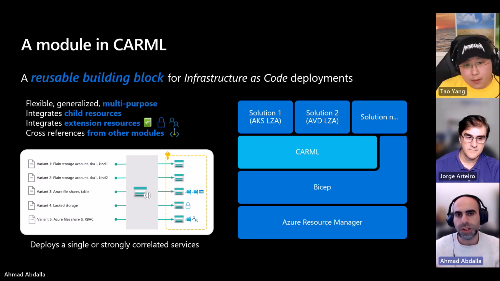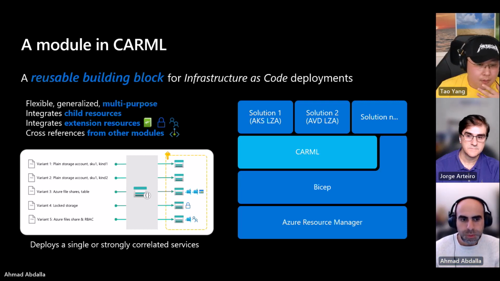So that's what we call cross-references. And we actually provide that information in case someone wants to extract this module. What cross-reference module does it rely on in this library as well? So that, if you want to take the storage account alone, you'll definitely need to take the private endpoints module as well, because we rely on those different modules.